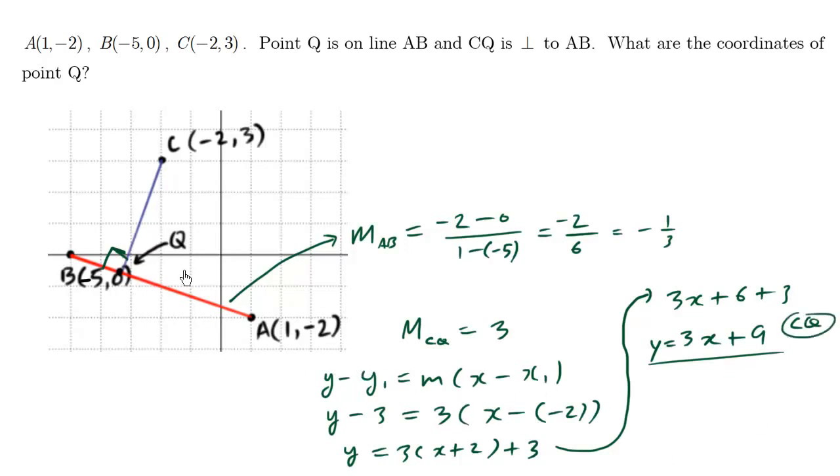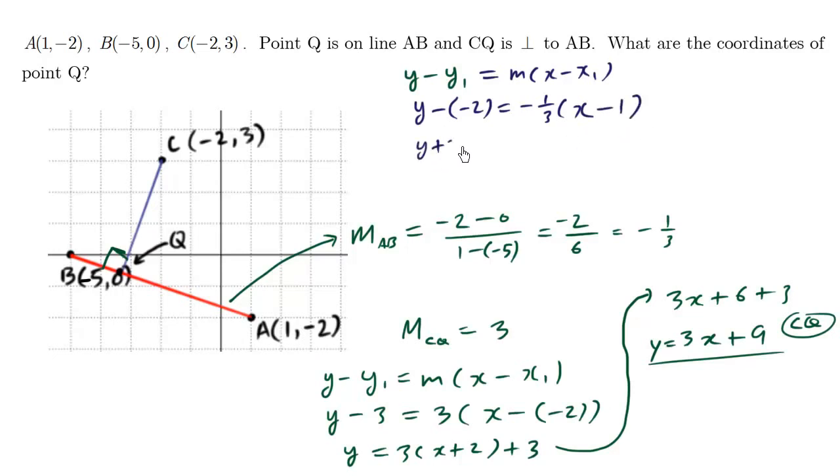Now let's finish off the other line equation. For the previous line equation, we had a slope of -1/3, and we have a point. I'm just going to use point A. So y minus y1, let me just change colors here, is equal to m times x minus x1. So for this red line, I'm going to choose y minus this point here, -2, is equal to m, which is -1/3, times x minus 1. So we have y plus 2 is equal to -1/3 x plus 1/3.